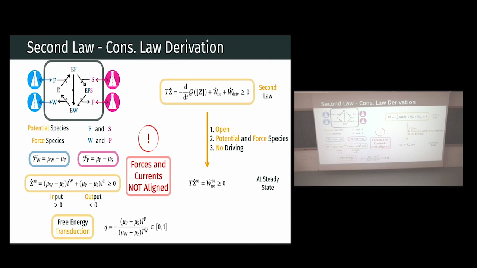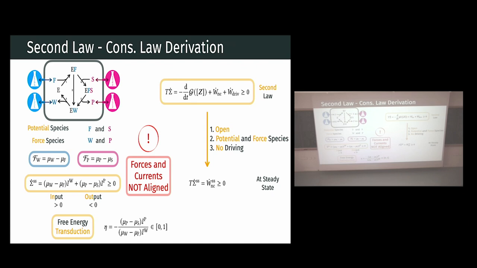Now, in our system, we have two forces. So we can express the non-conservative work at steady state as the sum of two contributions. The first force accounts for the fact that we are exchanging F and W with different chemostats, but they are carrying the same moiety, times the corresponding current. The same for the second force, resulting from applying different chemical potentials to different species, but carrying the same moiety. Now we have two contributions.